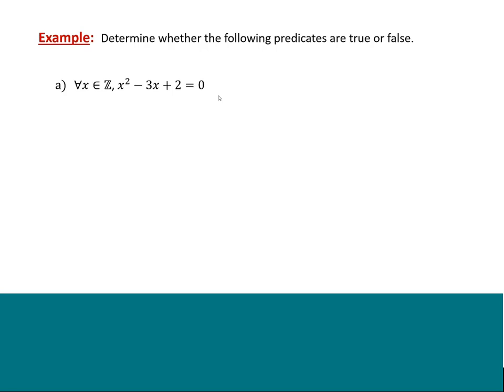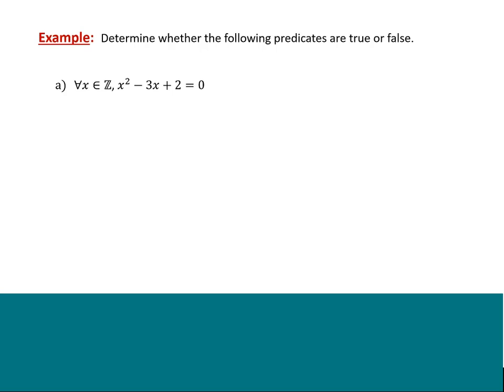Remember, the true or false value of a statement means it has to be true in all conditions. So I have answers coming in both for yes and for no. One of those answers is correct. So how would you tell if this is a true statement or if it's a false statement?